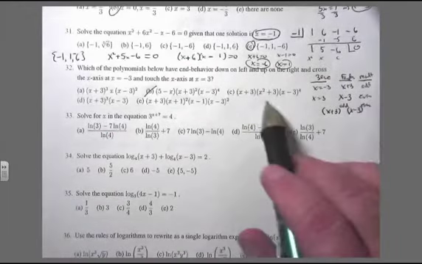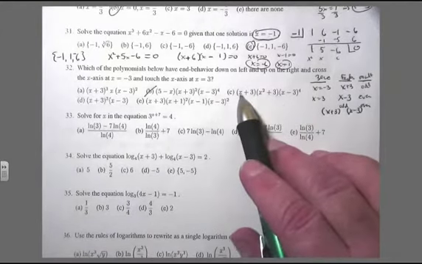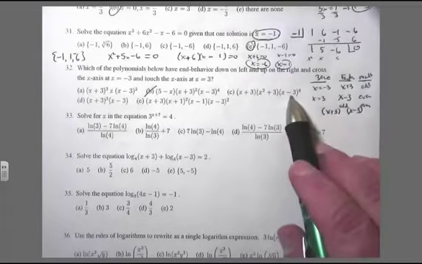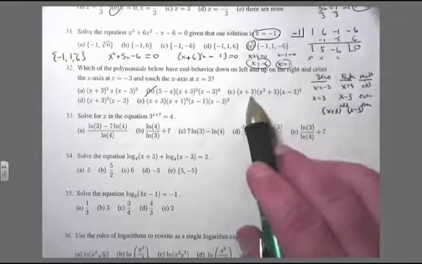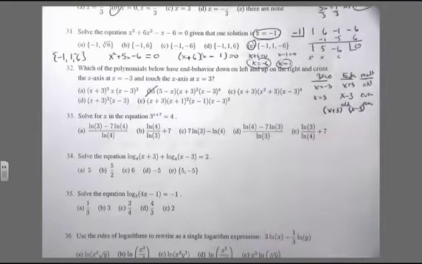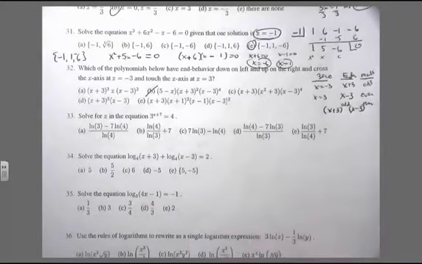C, I've got x squared plus 3, and x plus 3 to the, that's understood to be first power. That's x plus 3, that's odd, that'll work. And x minus 3 is raised to the even power. So this is still a possibility. I don't know about this mess in the middle, but these two have an odd power on x plus 3 and an even power on x minus 3.